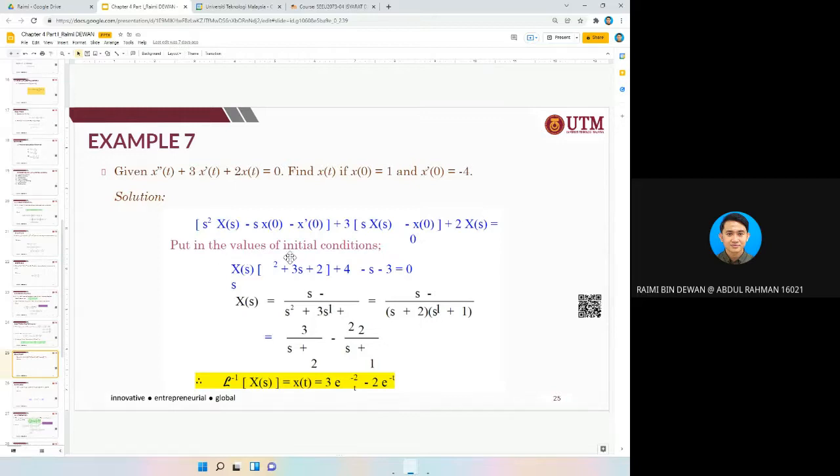Then put in the values of the initial conditions. This is why we refer to the initial conditions, because it is t equals 0. You put in these values and obtain the solution, then do some algebraic manipulation. You obtain the inverse Laplace transform of the signal: x(t) equals 3e to the negative 2t minus 2e to the negative t.